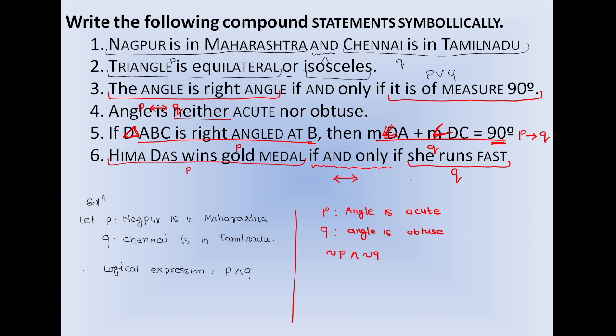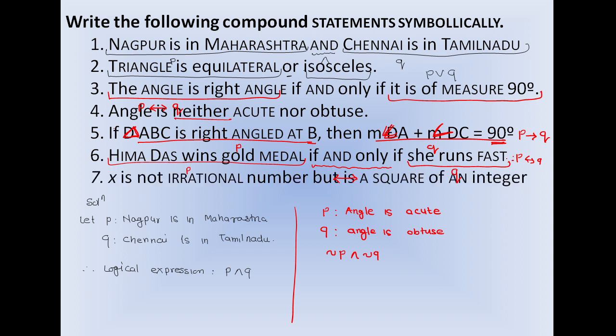So what is the logical expression for this? It is P double implies Q, which represents Hima Das wins gold medal if and only if she runs fast.